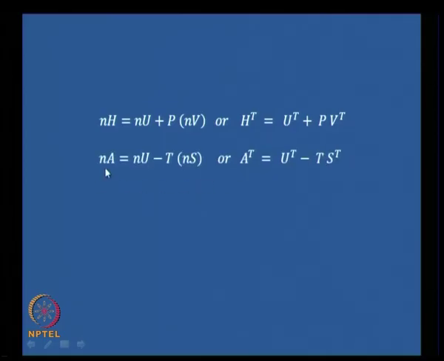Similarly, nA equals nU minus T times nS, this directly comes from A equals U minus Ts, the definition of Helmholtz free energy.